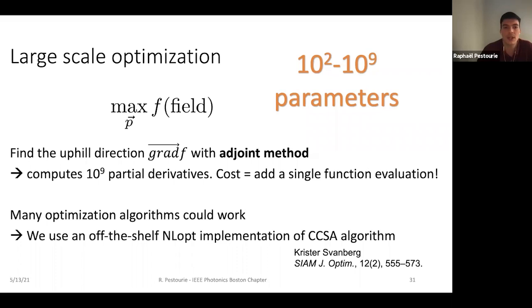So once you have the gradient, many gradient-based optimization algorithms could work. The one we use is this off-the-shelf NLP implementation of the conservative convex separable approximation algorithm by Krister Svanberg. The conservative property is kind of nice.